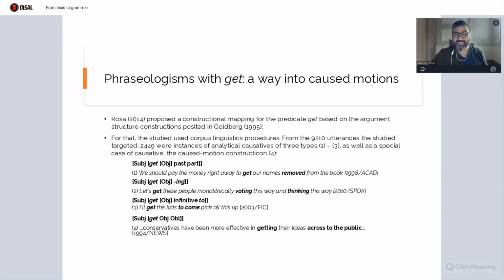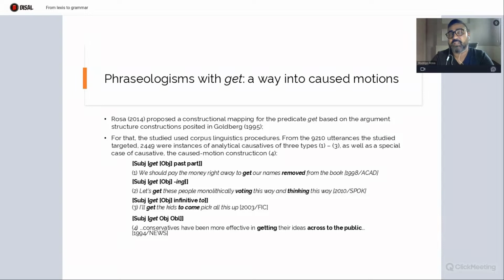So I told you that I was going to talk about one specific phraseologism, the ones with the verb get. This is based on a previous study of mine that was actually published in my master's thesis, in 2014. Back then, I proposed a constructional mapping for the predicate get.